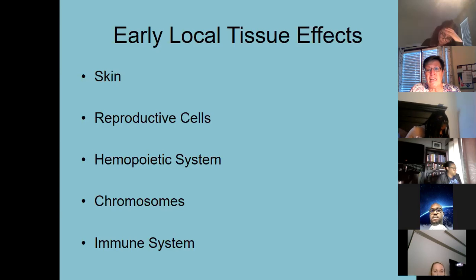Cells in the transit compartment or the differentiating compartment are less radiosensitive than cells in the stem cell compartment. Why? Because they are more highly differentiated and they are less rapidly dividing.